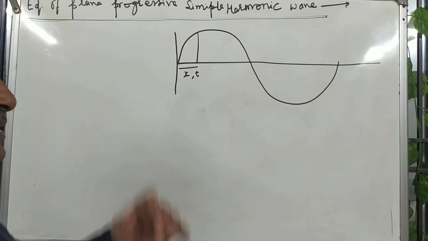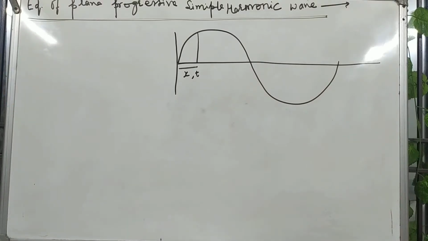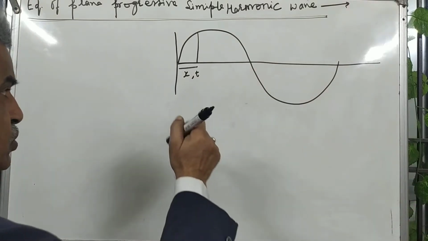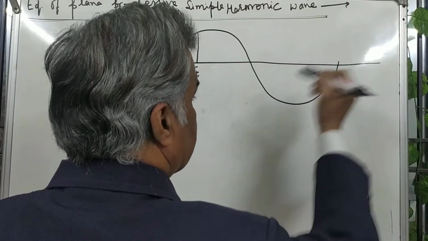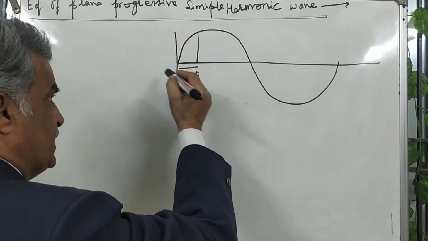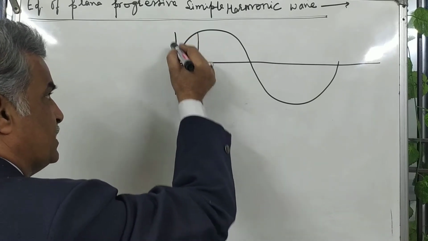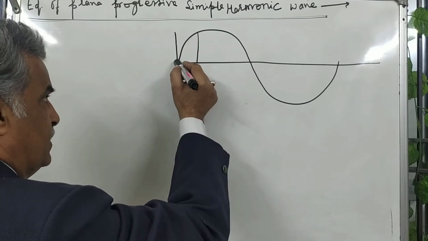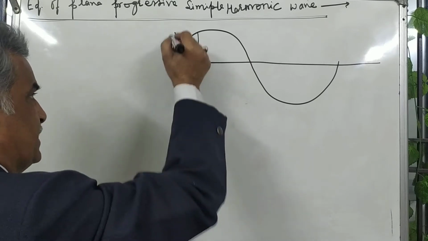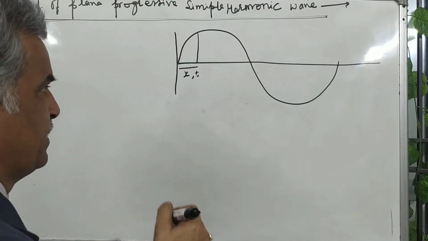So, in waves, suppose this is a wire, and you are vibrating this wire. First of all, this point starts vibrating. This point starts completing SHM, starting SHM motion.